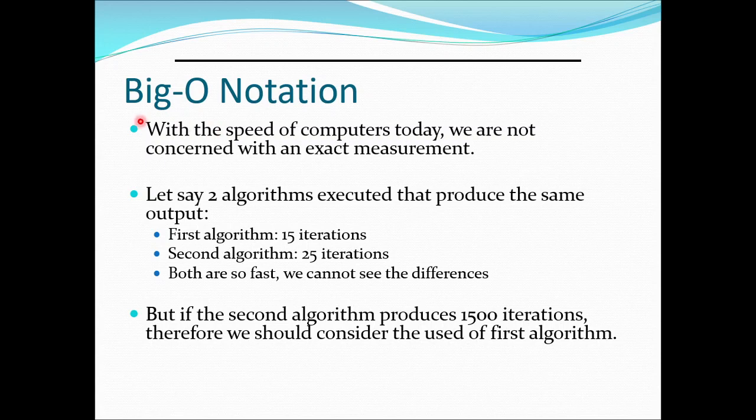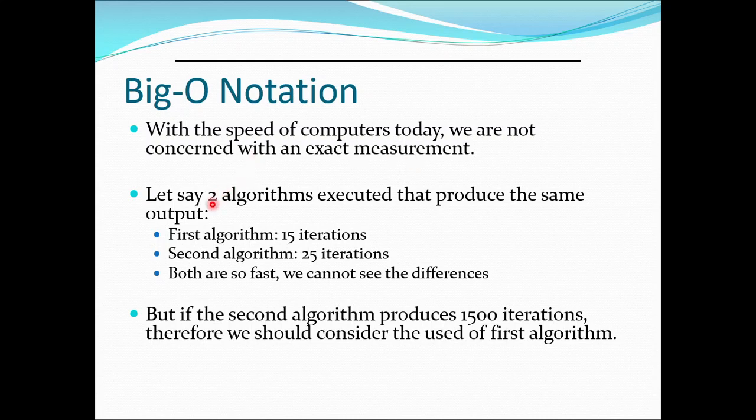Okay, for big O notation, we are going to measure how the algorithm affects computer performance. With the speed of computers today, we are not concerned with the exact measurement, but we need to measure the algorithm for the result.